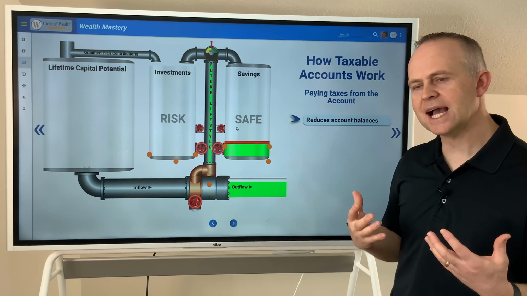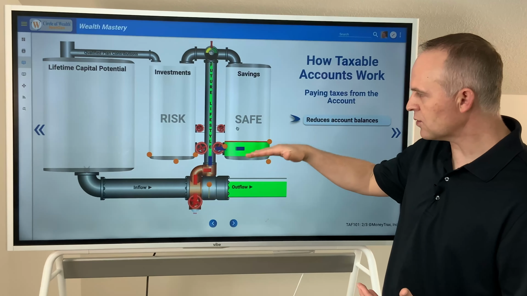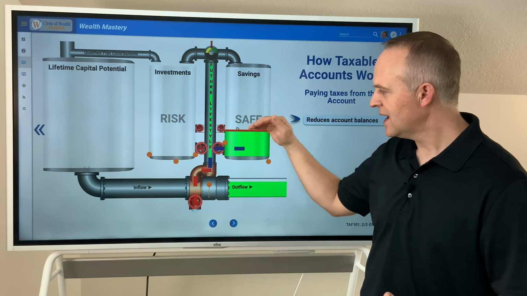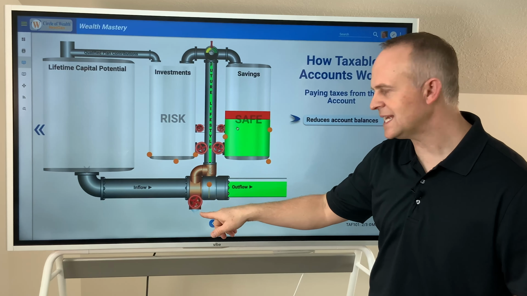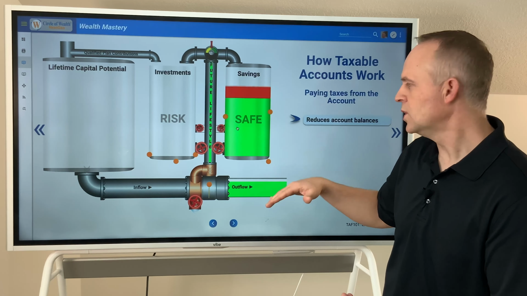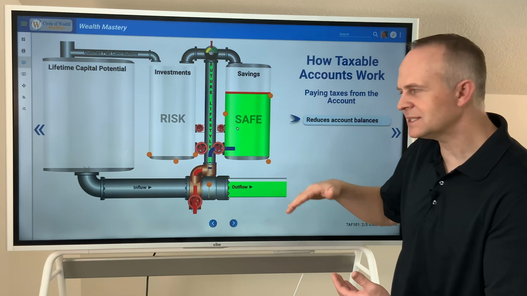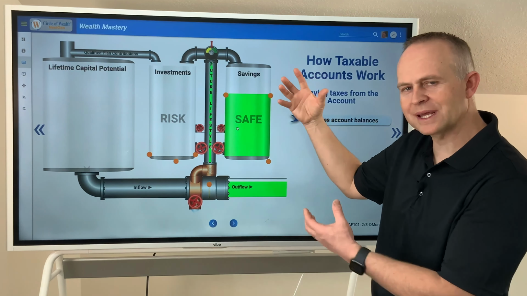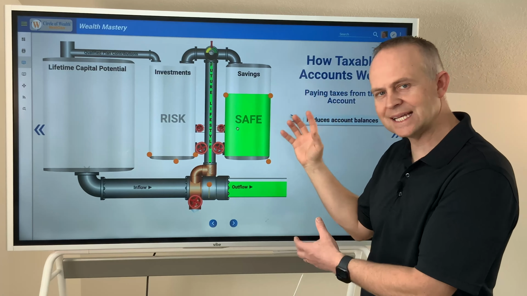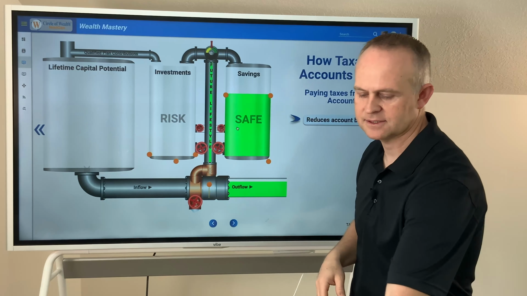If you're going to pay taxes from the account, as your account grows, you're going to have to pay those taxes. All right, and that's going to go through the tax filter, right? So your account's going to grow, but then we're going to take some of that money and pay the taxes. It's going to grow, we're going to take some of that money, we're going to pay the taxes, right?